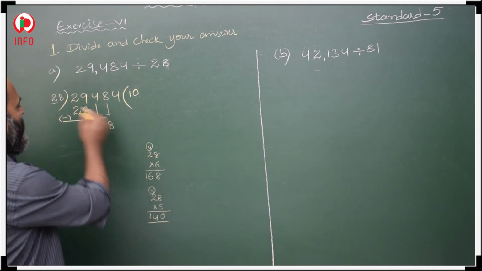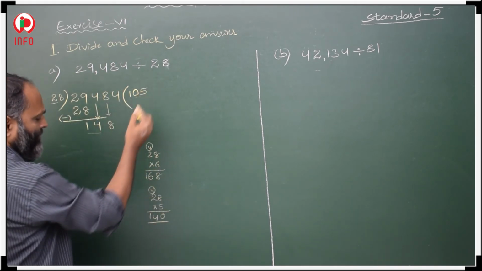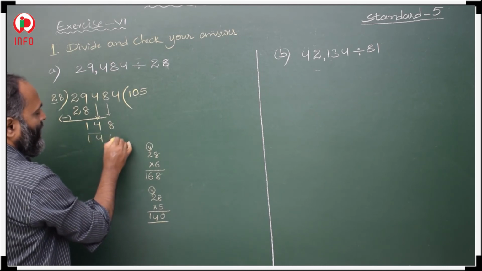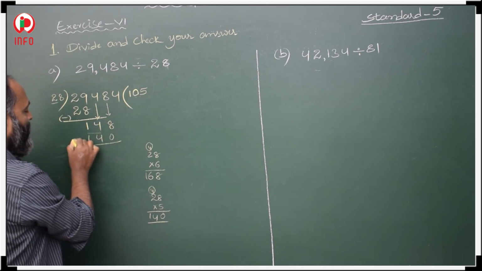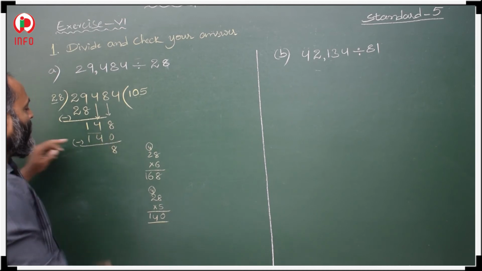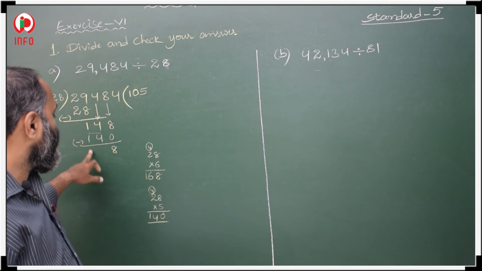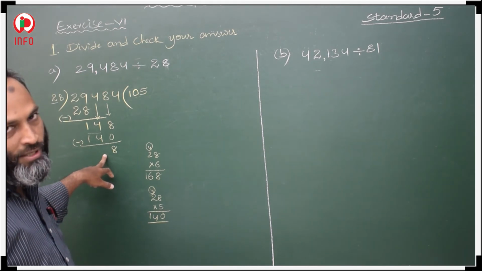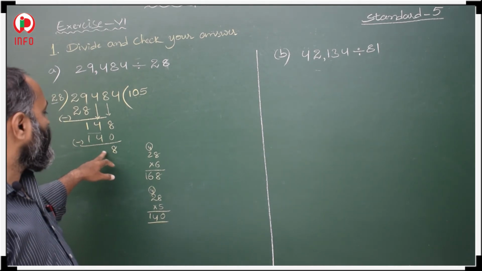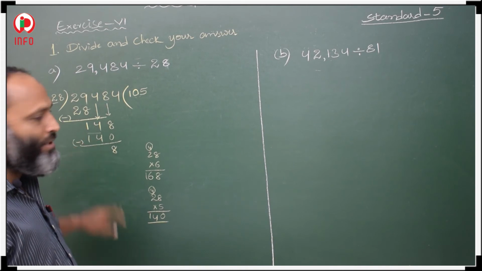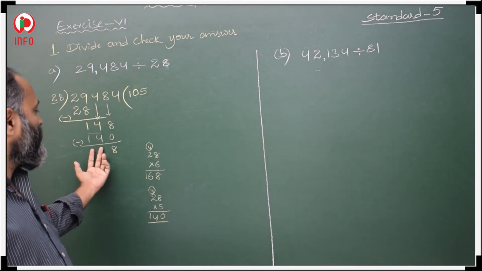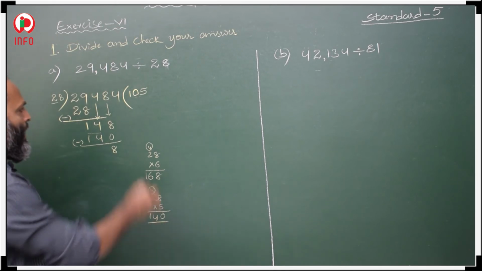So we can take 28 fives, 140. Then minus: 8 minus 0 is 8, 4 minus 4 is 0, 1 minus 1 is 0. If you have a 0 in the middle then you take it. But here both are zeros, 4 also 0 and 1 also 0, so no need to take those 2 zeros. Okay.